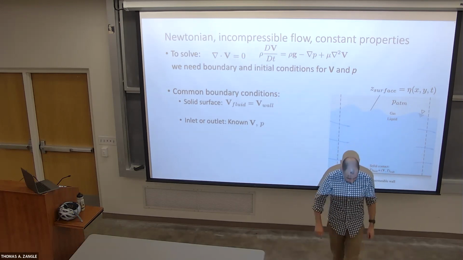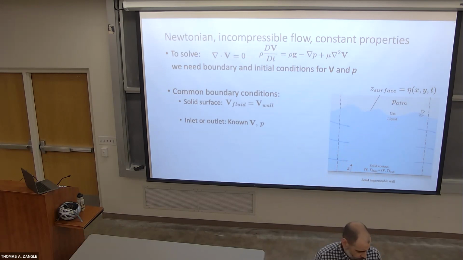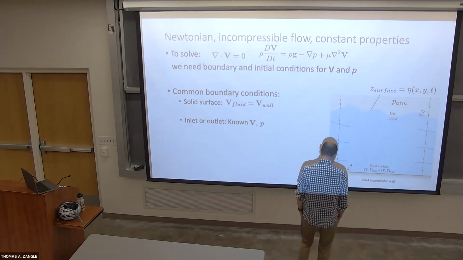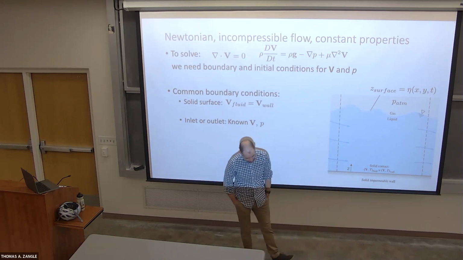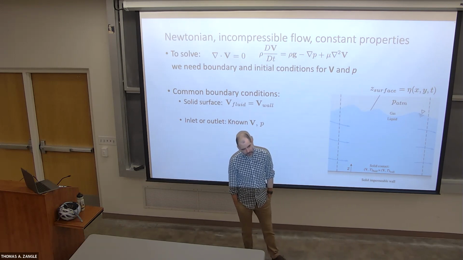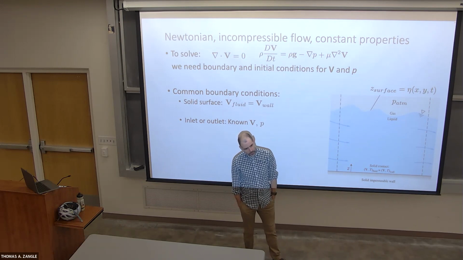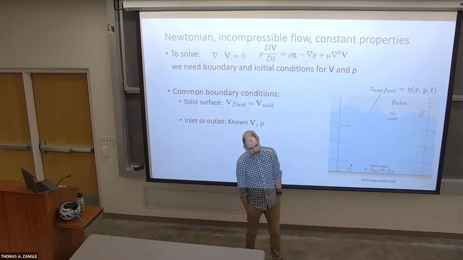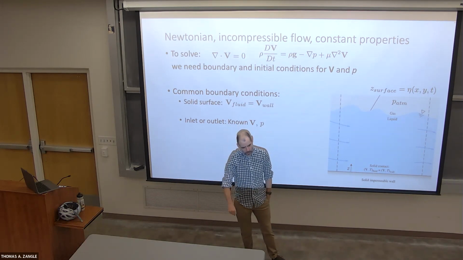How often is the no slip condition not true? Practically never. It's practically always true. The exceptions are fairly exotic things like water passing through a carbon nanotube, where the water has to go more or less one molecule at a time.